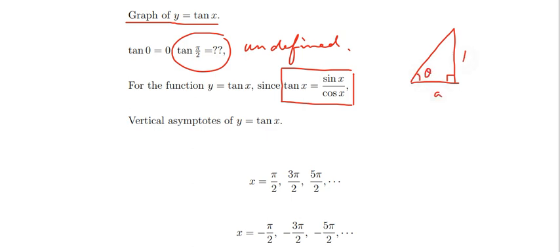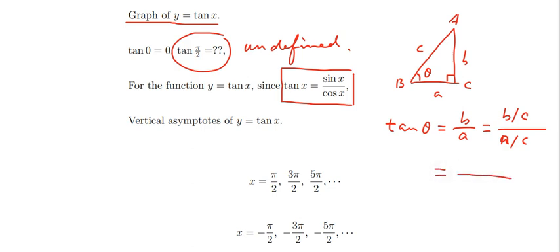Suppose the triangle is A, B, C. Tangent is this ratio, B over A, right? And this B over A, if we divide by C, is B over C over A over C. So this B over C is sine, and A over C is cosine.